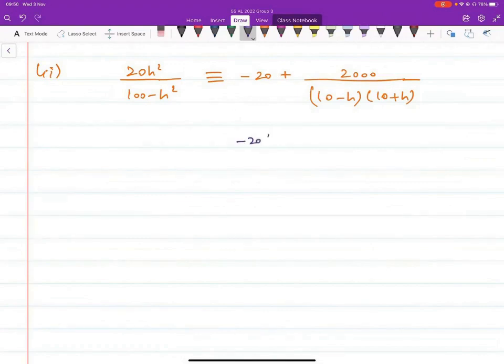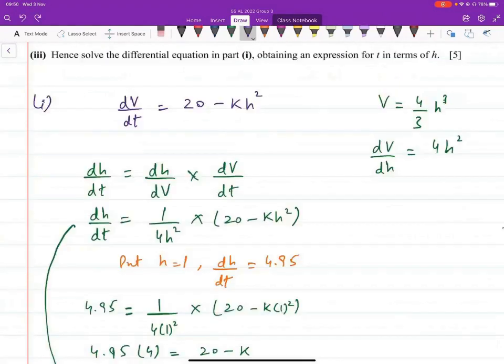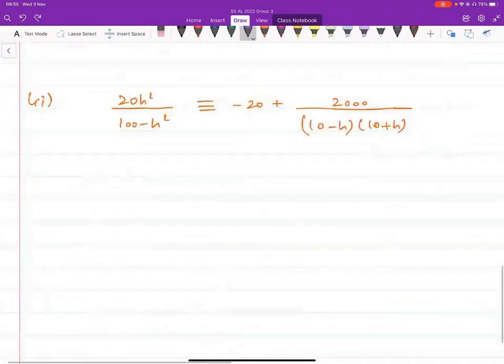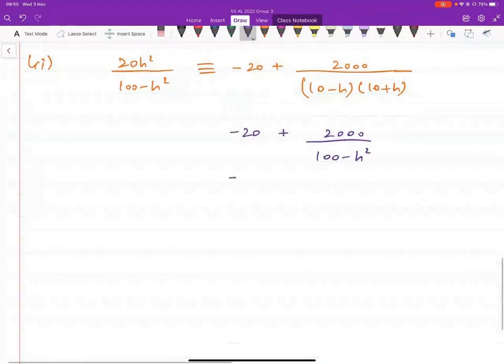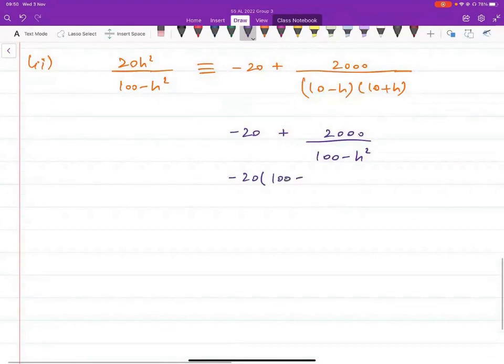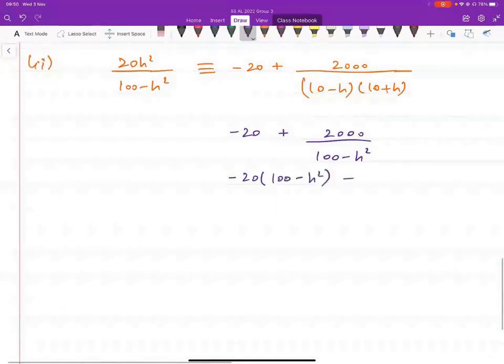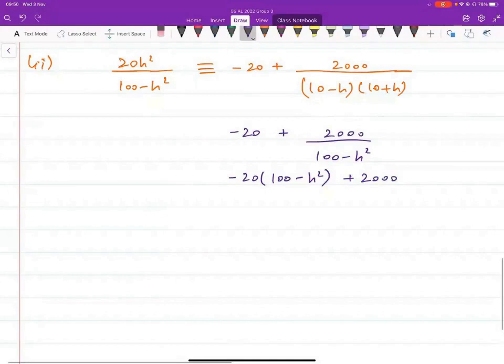We get minus 20 into 10 minus h. Let's multiply first. Before we take LCM, it's going to be minus 20 plus 2000. This is a minus b into a plus b, which is 100 minus h square. That's what we've got in the denominator. Now we take the LCM, it becomes minus 20 into 100 minus h square plus 200 plus 2000 divided by 100 minus h square.